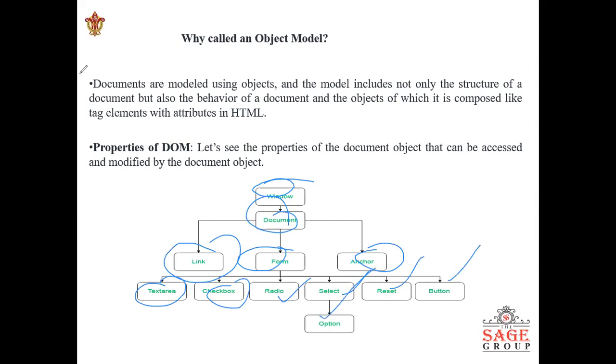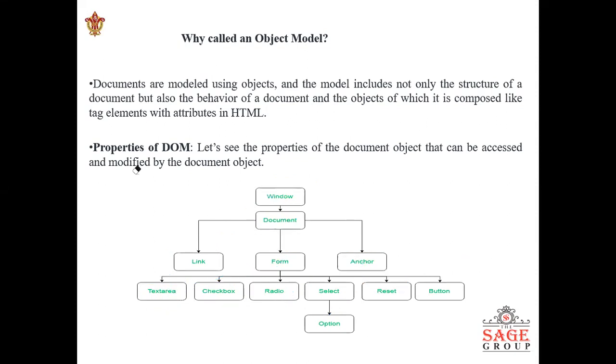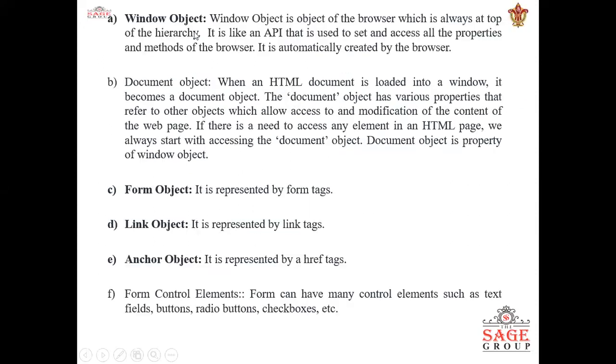These are the things which you can see here and understand very easily. Now let's move to the next slide, the window object. The window object is the object of the browser which is always at the top of the hierarchy. It is like an API that is used to set and access all the properties and methods of the browser. It is automatically created by the browser.